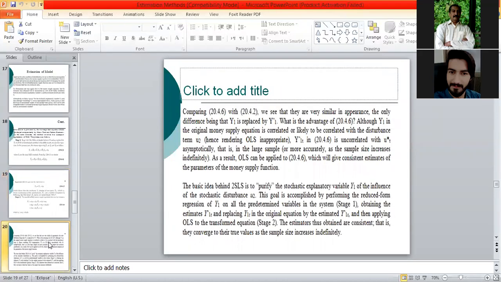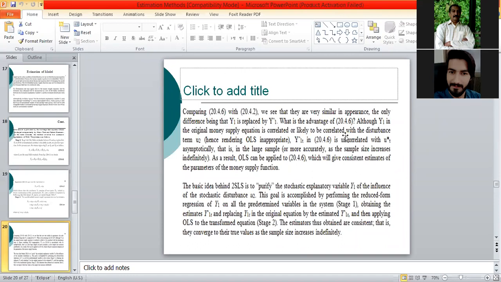So what is the outcome here? Comparing equations 20.4.6 and 20.4.2, we see that they are very similar in appearance. The only difference is that Y1 is replaced by Y1 hat. We have modified the original equation by replacing Y1 with the estimated Y1.